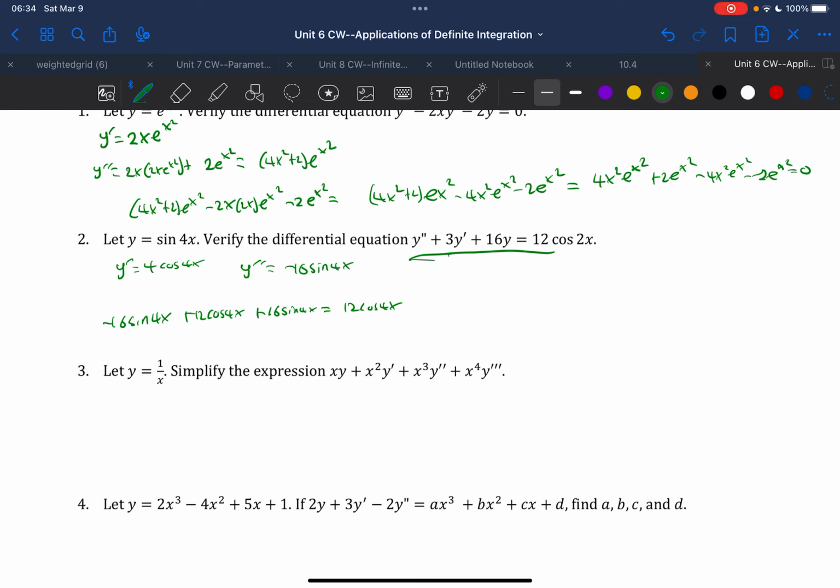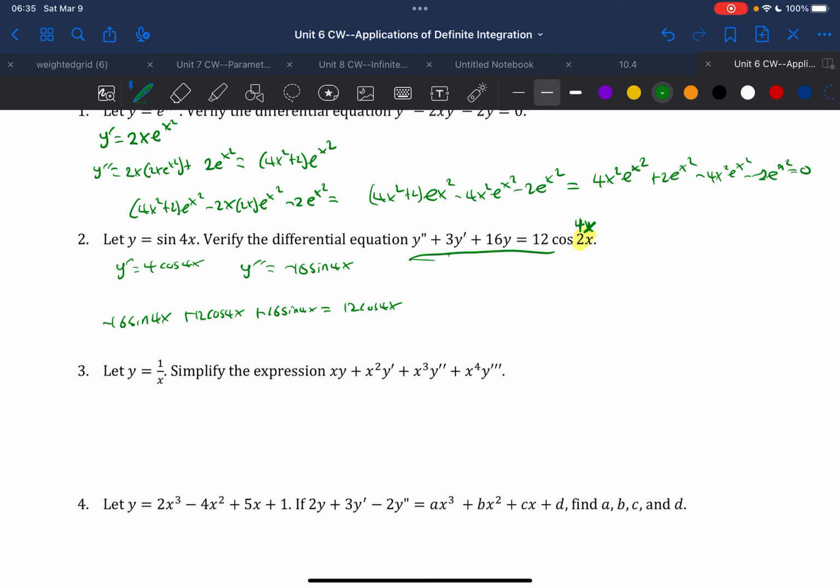Oh, that's a typo. So this should verify to equal 12 cosine 4x. And there we go. So once you fix the typo, it checks out there.